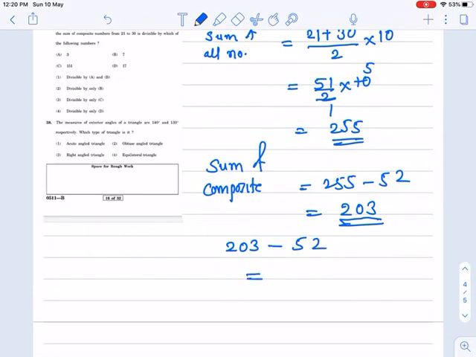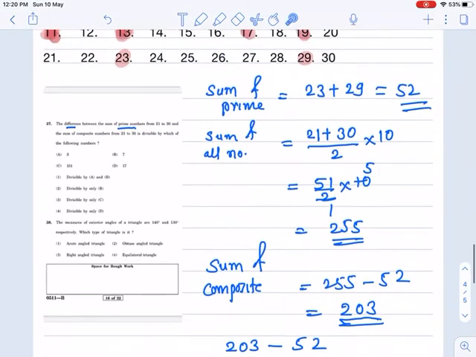So the difference is 151. The answer is 151 is the difference.